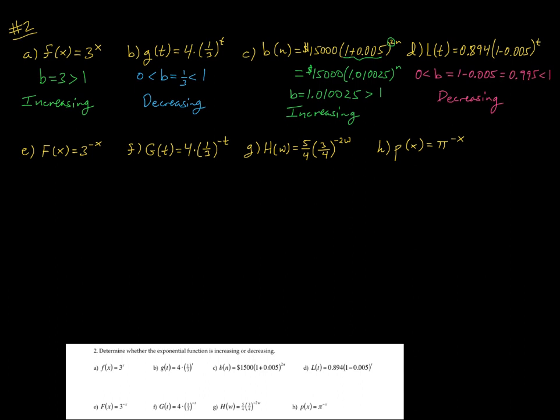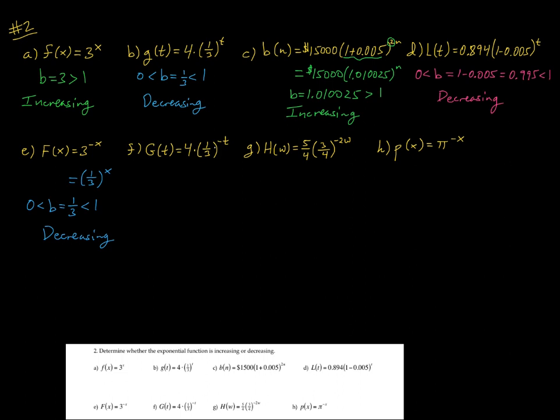All right, for E, well, be a little careful here. We have 3 to the negative x, so that's really saying 1/3 to the x power. Right, that negative in the exponent is telling you to take a reciprocal. So our base here is 1/3, and that is less than 1. So this would be a decreasing exponential function. And then for F, we now have 1/3 to the negative t.